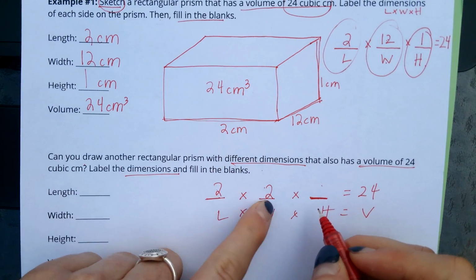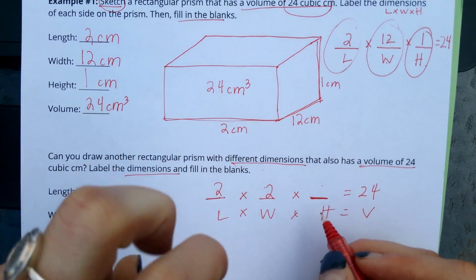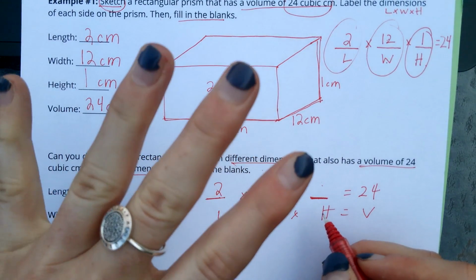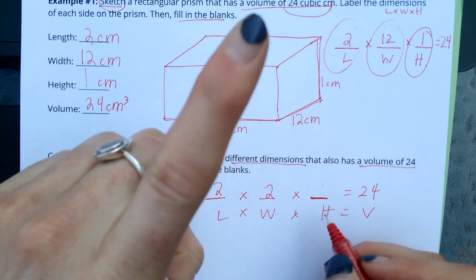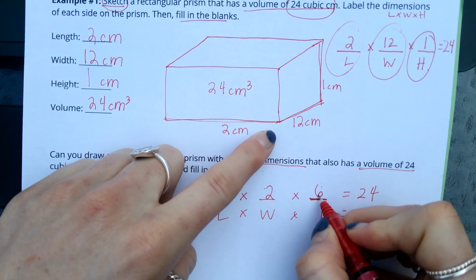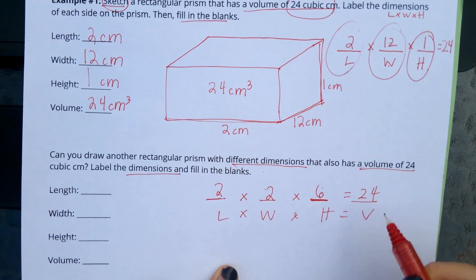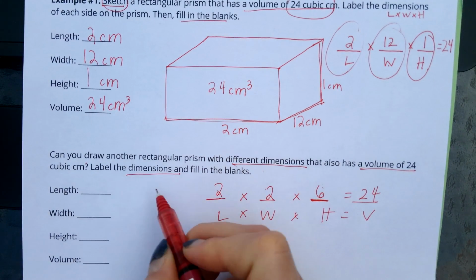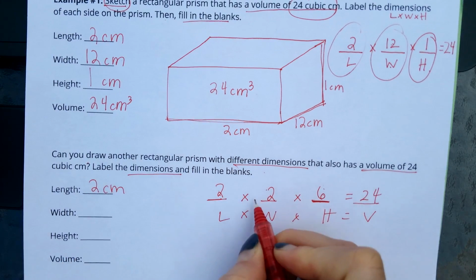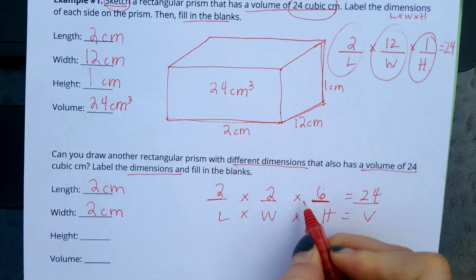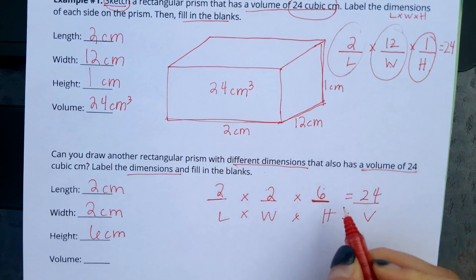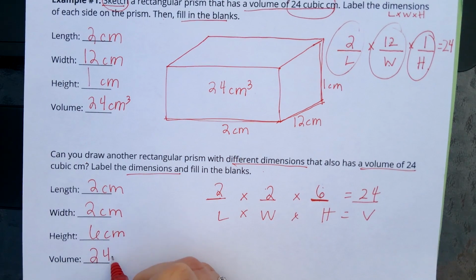So we are at 4, because 2 times 2 is 4, 8, 12, 16, 20, 24. So times 6. So 2 times 2 times 6 would also give me 24. So if I had a length of 2, a width of 2, and a height of 6 centimeters, that would also give me a volume of 24 centimeters cubed.